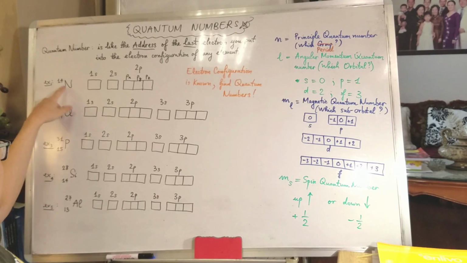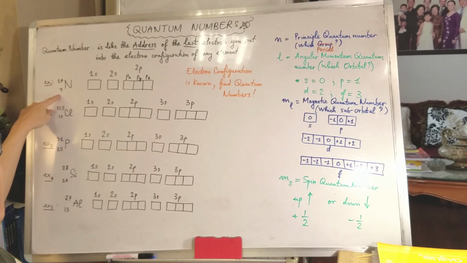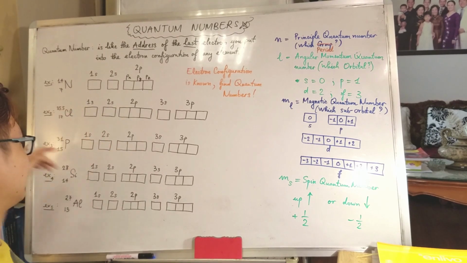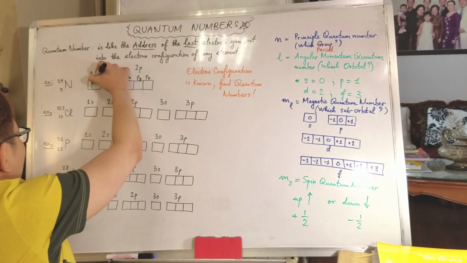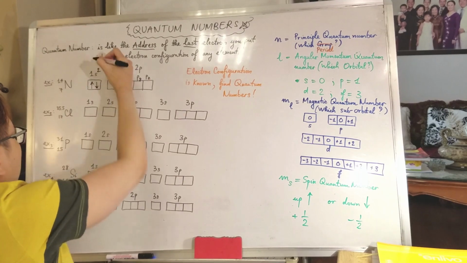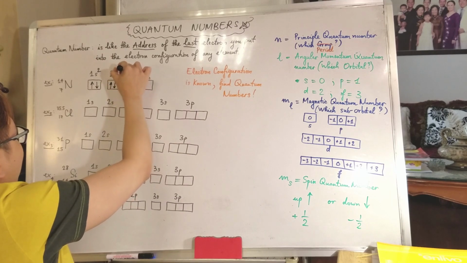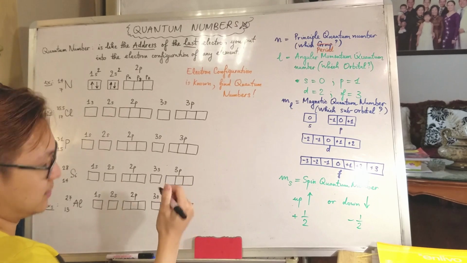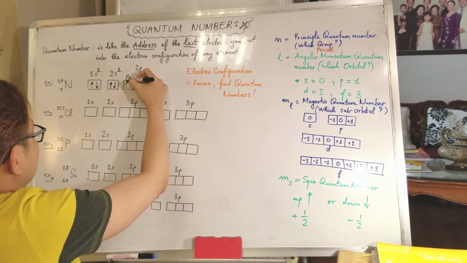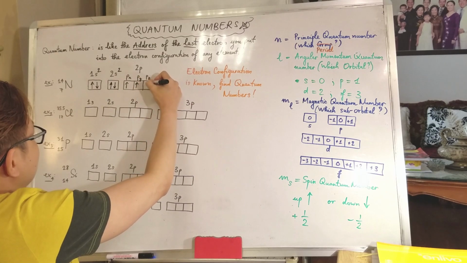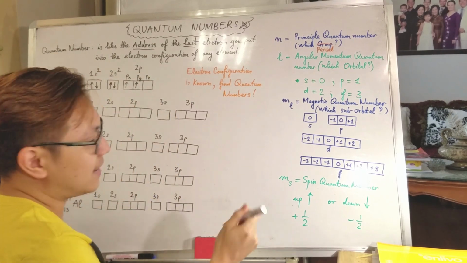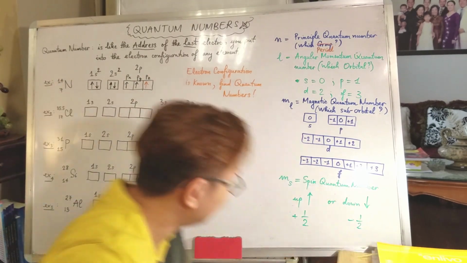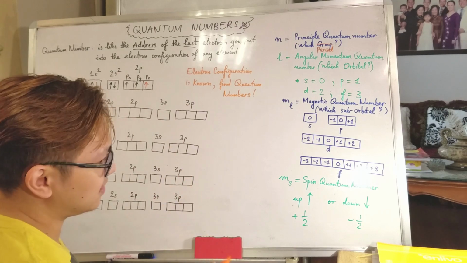For nitrogen 14-7, you know that it has 7 protons and 7 electrons as well. So the first 1, 2, 3, 4, and of course you have to half fill this one first according to Hund's rule. 4, so this is 5, 6, and this is the last electron you put in there, 7. As this is the last electron, you have to write its quantum number down.